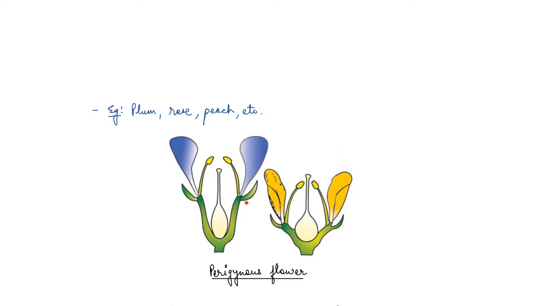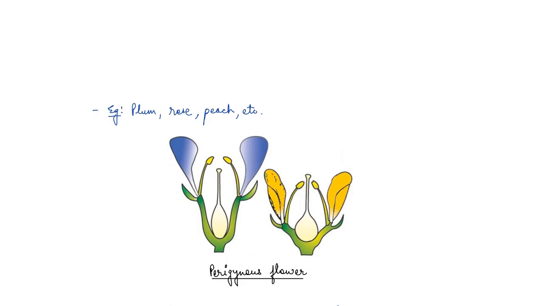Then this is perigynous. Here, the ovary is said to be half inferior. Okay, so in hypogynous, the ovary is superior. Here it is half inferior. And this happens in plants like plum, rose, and peach.